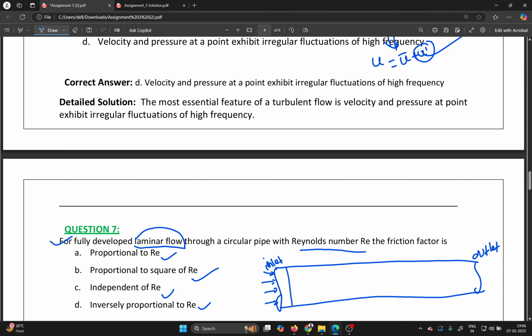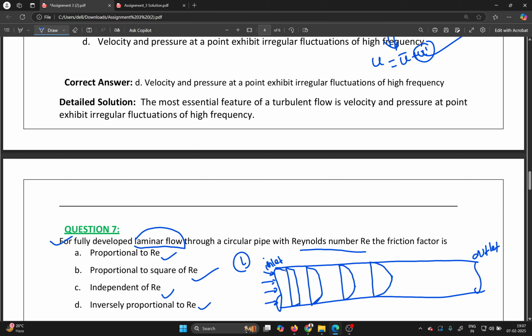Initially, your velocity will vary. If this is laminar flow we are talking about, your velocity will be like that. After that, like that. After that, your velocity will be completely fully developed.